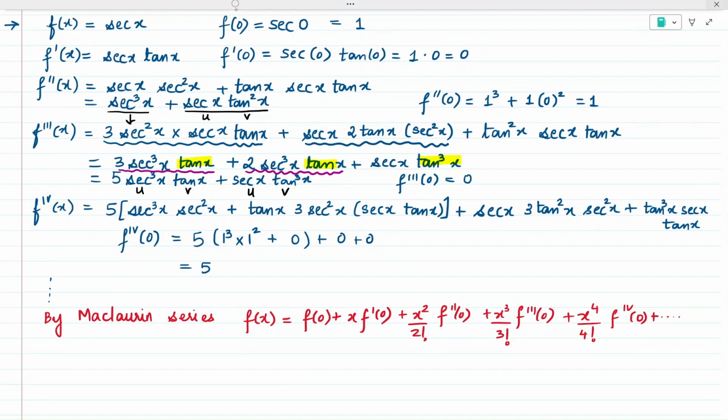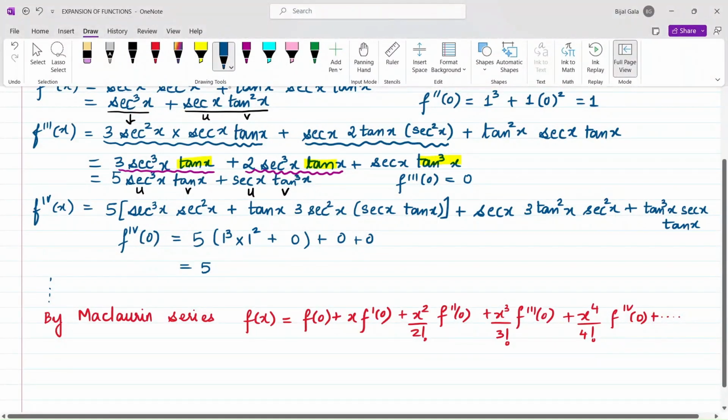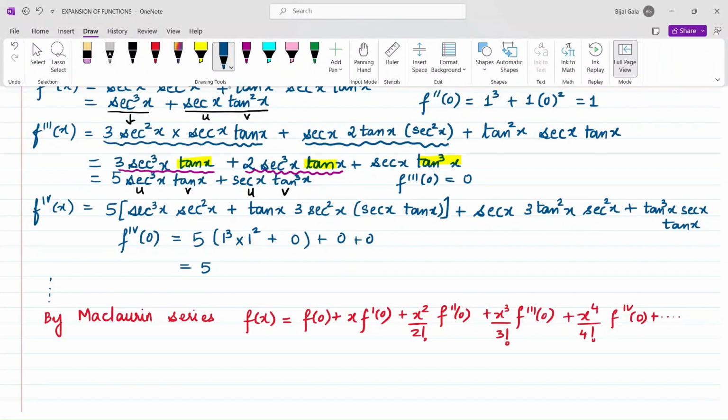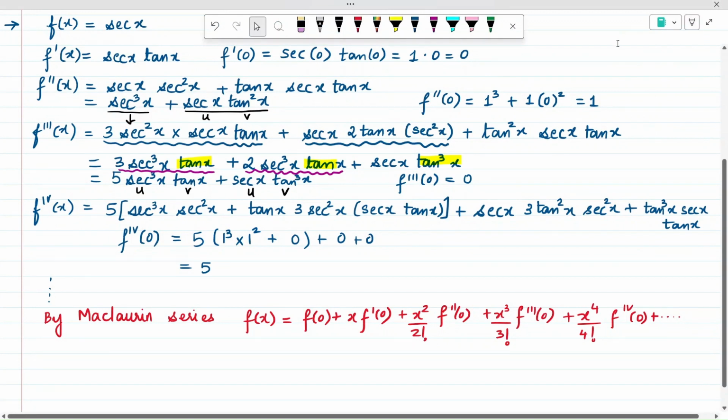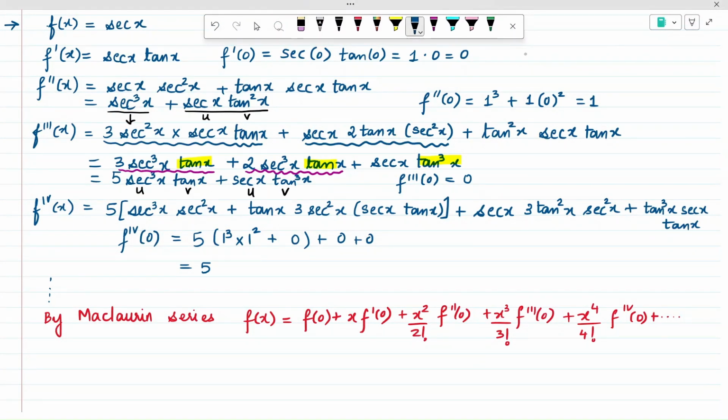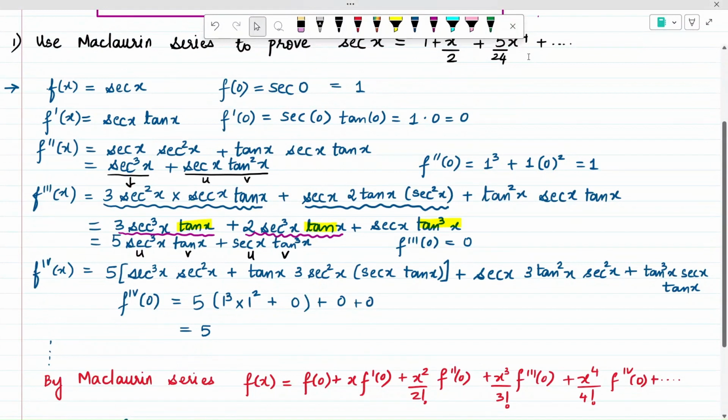I'm writing it directly till fourth derivative only because that's what we want. x raised to 4 तक चाहिए ना. तो अब f of x की जगह पे let's replace by sec x. That's the first line you can see. f of x is sec of x. f of 0 we have calculated here.